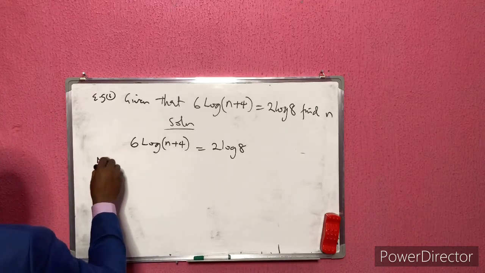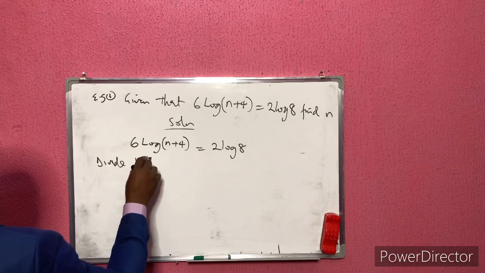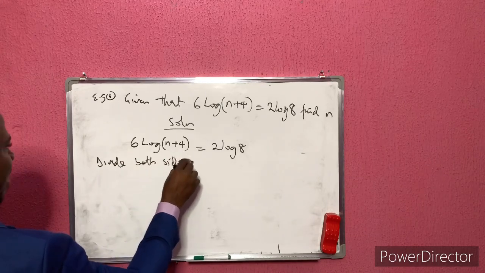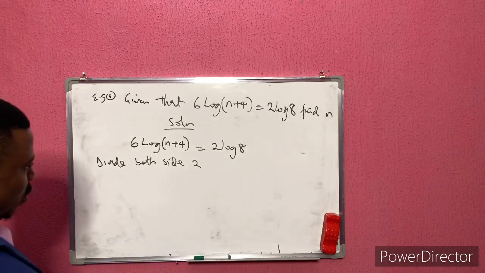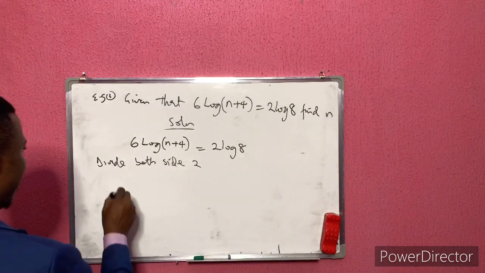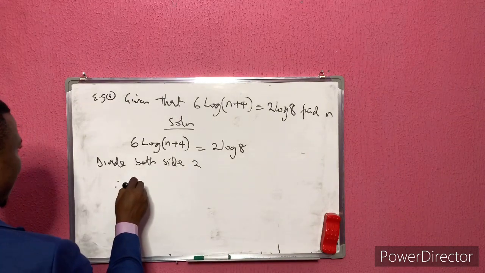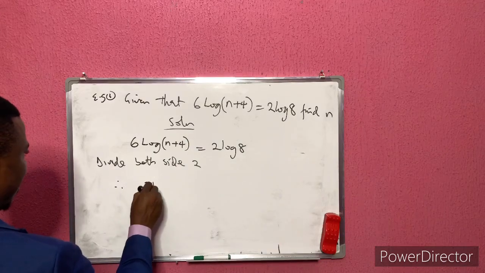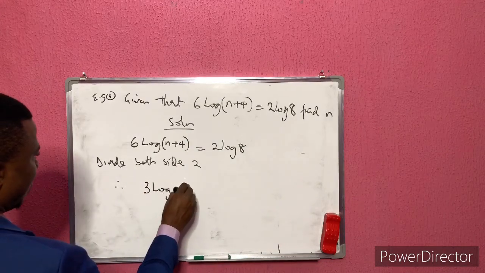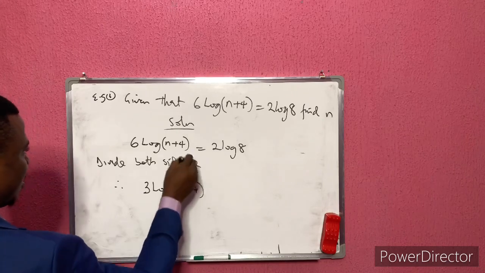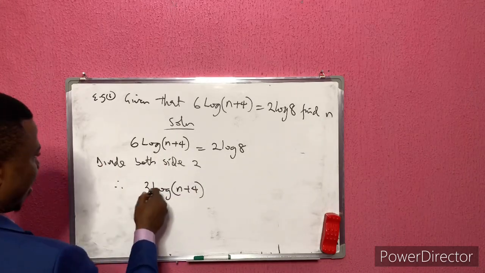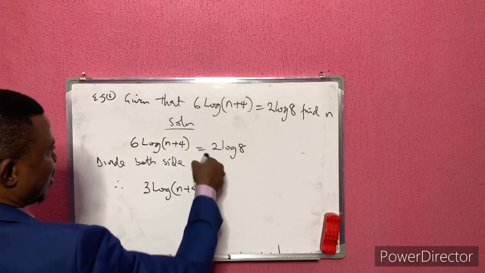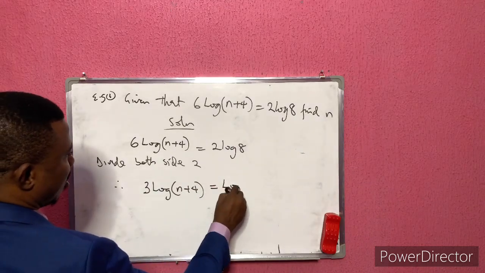If we divide both sides by 2 to reduce the equation, since 2 can divide both sides, we have 3 log (n plus 4), that is, 2 cancels here, you have 3, equal to, 2 cancels here, you have log 8.